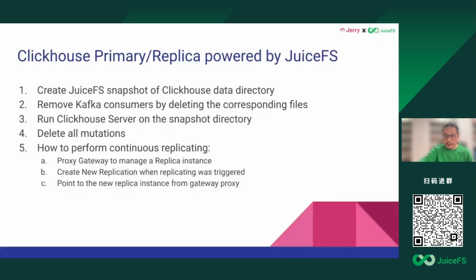At a later point in time, we ultimately devised this resolution, which turned out to be effective. For friends of FS, it's not difficult to think of at all. The PowerPoint presentation we're talking about is very simple because the matter itself is simple. In simple terms, how do we create an instance of ClickHouse?